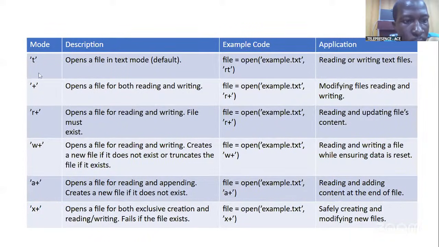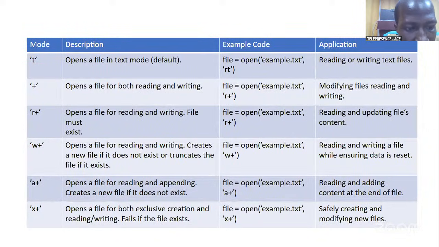Okay. So T opens a file in text mode, and that's the default. So you can see it there. We open it for reading or writing text files. So the plus opens a file for both reading and writing, so you can see it's modifying files, reading and writing.